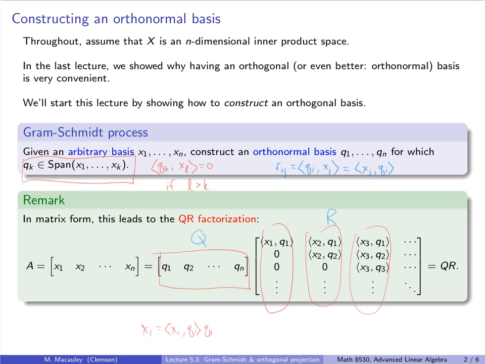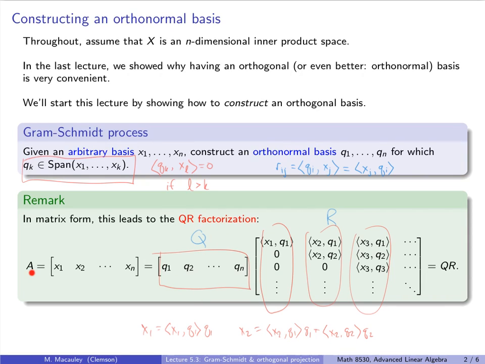And so that is going to be x2, so it's q1 times this first entry, so that's x2 dot q1 times q1 plus x2 dot q2 times q2, and so forth. And so I think you can see from this why this decomposition is going to hold.